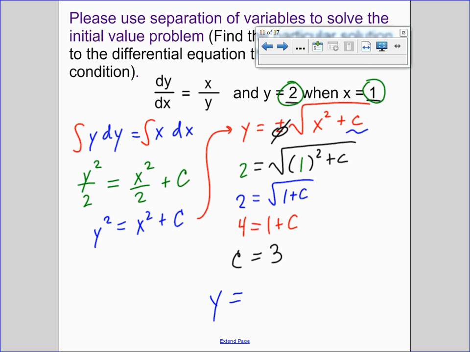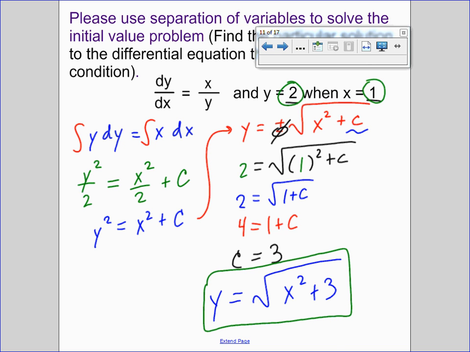It's y equals the positive square root of x squared, what? Plus 3. We nailed it down. Is that a function? Yes. Does it have any other constants floating around that we don't know? No. We've nailed it down, and this is our particular solution. Hooray! We're done. It's pretty sweet.